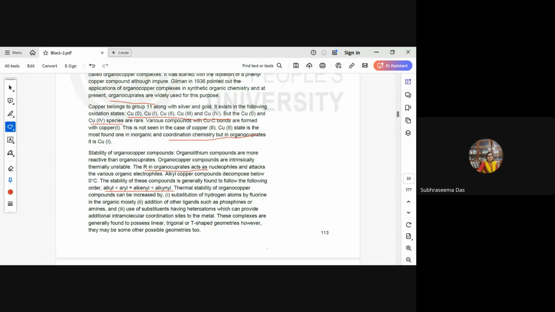Thermal stability of organocopper compounds is increased by substitution of hydrogen atoms by fluorine in the organic moiety, or by addition of other ligands such as phosphines or amines, or by the use of substituents having heteroatoms which provide additional intermolecular coordination sites to the metal, and thus increase the stability of the organocopper compounds.